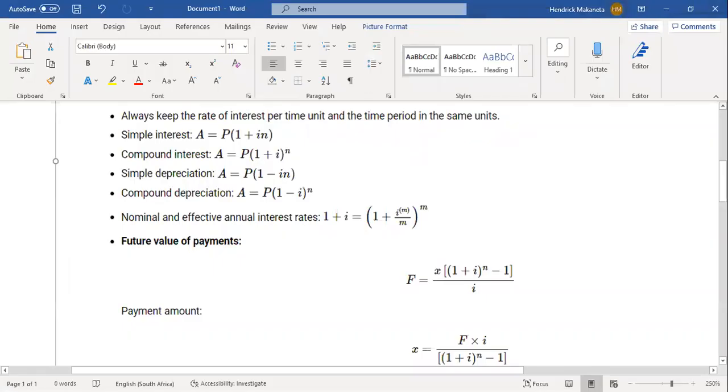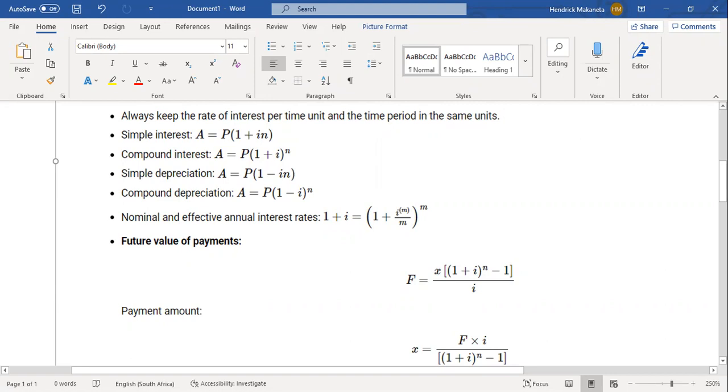And of course, just to bear in mind, always keep the rate of interest per time unit as well as the time period in the same units. It's very important to also note that there will always be a distinction between the different interests. We have already spoken about the simple interest, which can be found using the proper formula.